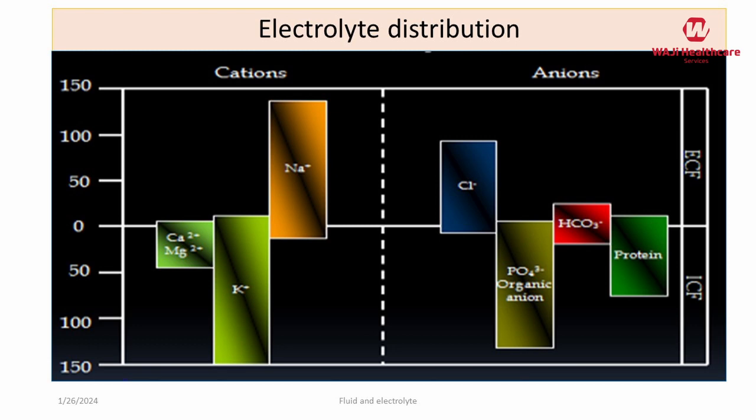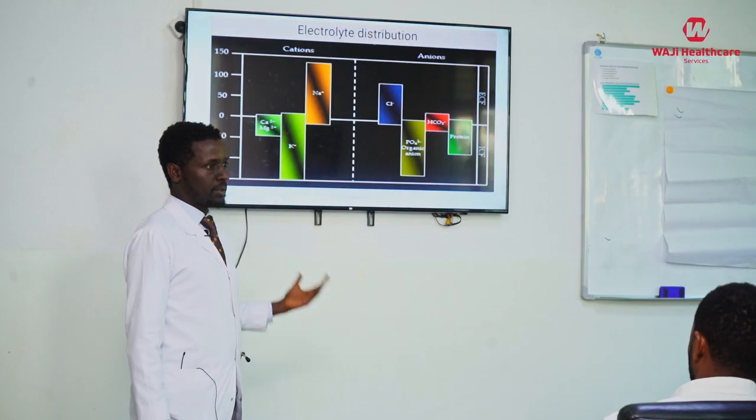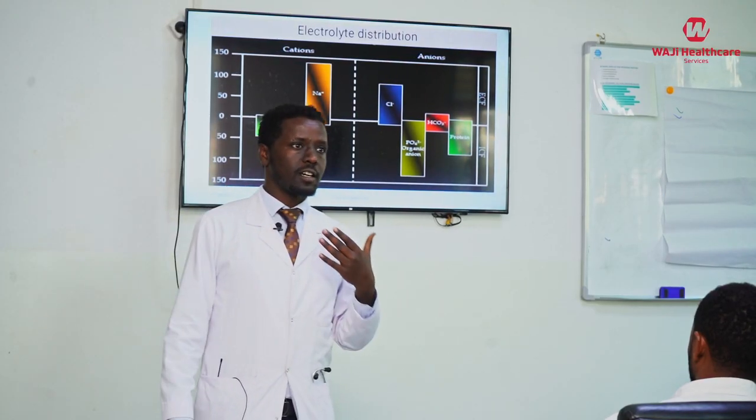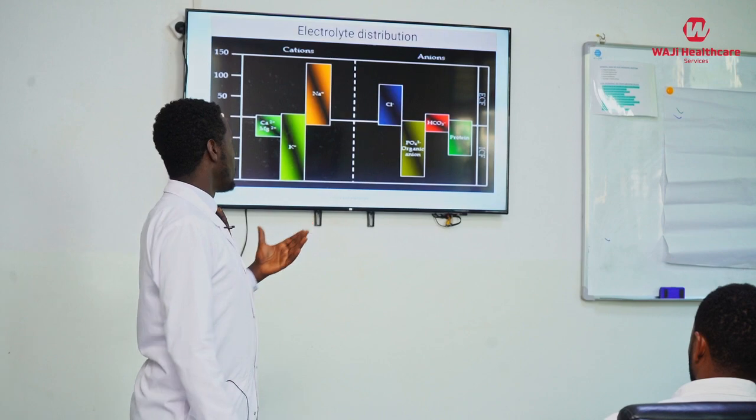We have seen the fluids and body distribution. We have two kinds of electrolytes, the cation and the anion, the positively charged and the negatively charged. Imagine this is the extracellular and this is the intracellular compartment. The major extracellular cation is sodium, the major determinant of extracellular electrolytes.